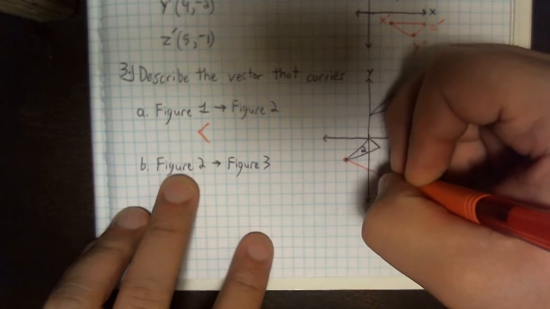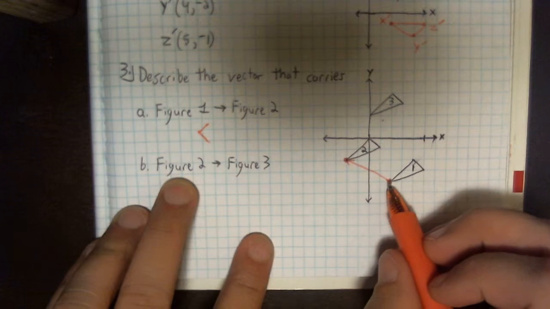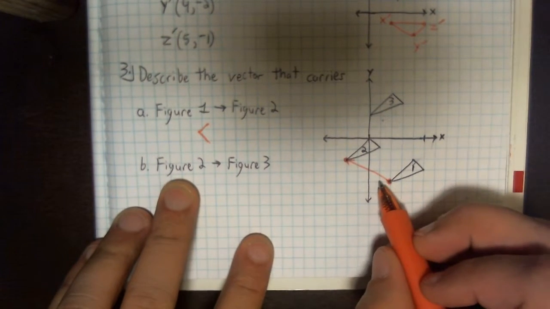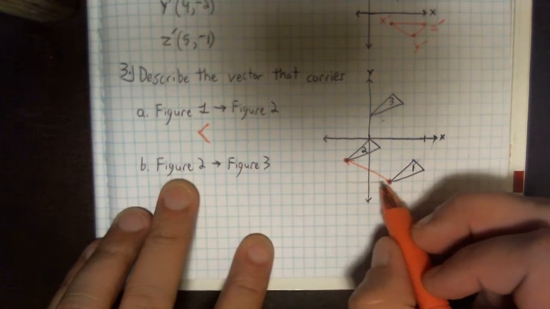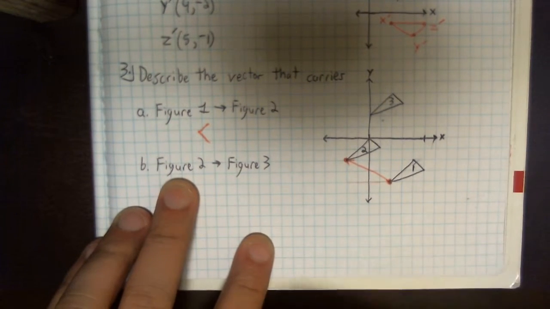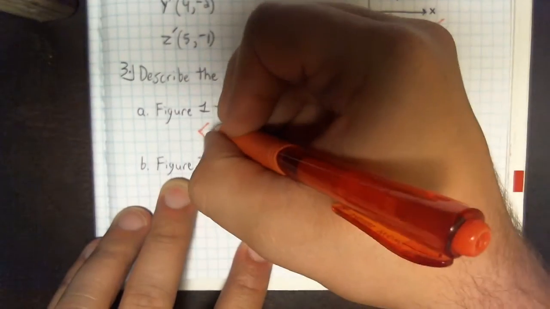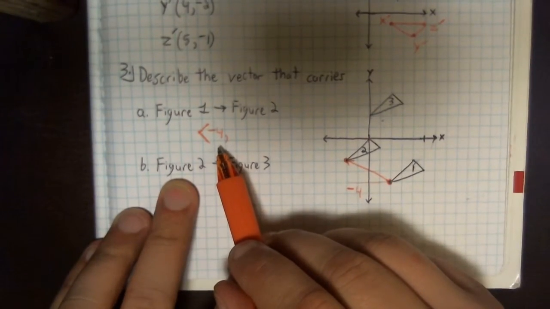I'm going to draw my vector in just so I can see where I'm going, and then I'm going to count my x direction. How many units over did I move left or right? I moved 1, 2, 3, 4 in the negative x direction. So I moved negative 4. That's my x coordinate for the vector.